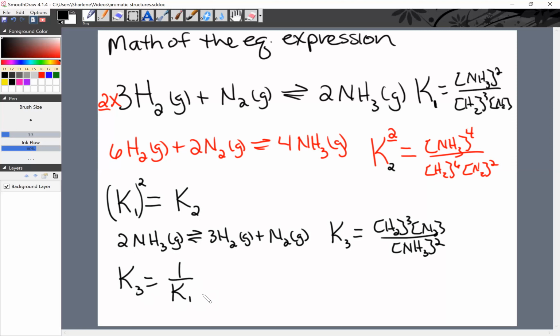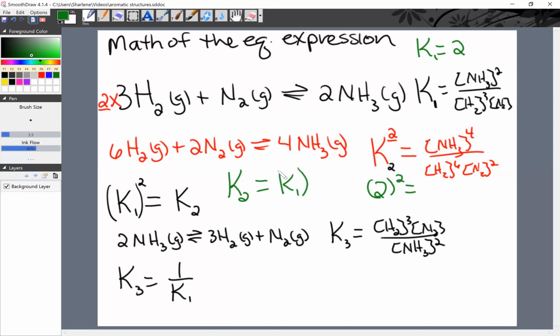So let's take a look. We're going to pretend that this math is easy, and we're going to call that 2. All right, so K1 is 2. So that belongs to that very first equation. Well, if that is true, 2 squared is equal to 4, and that would be the doubled equation. But the relationship, okay, if I want to call this new thing K2, how is K2 related?